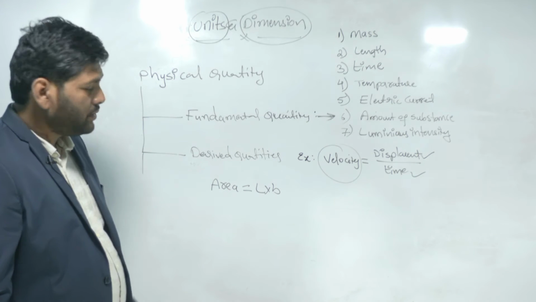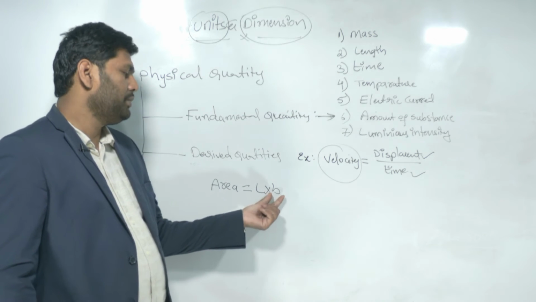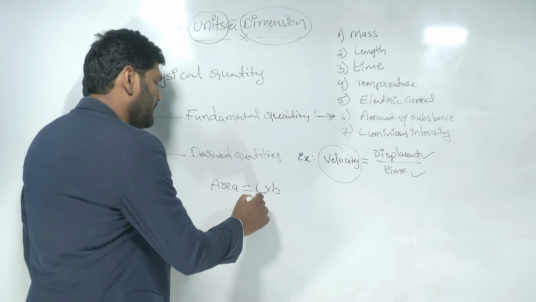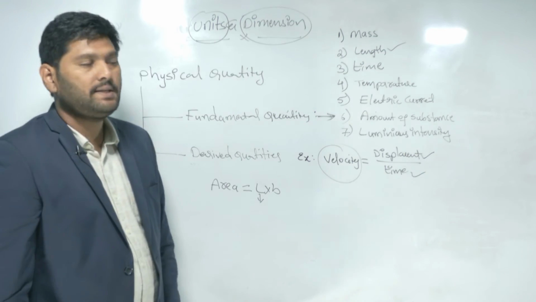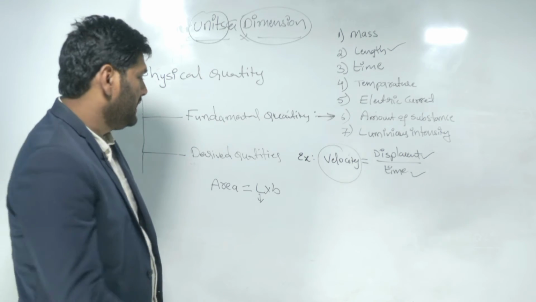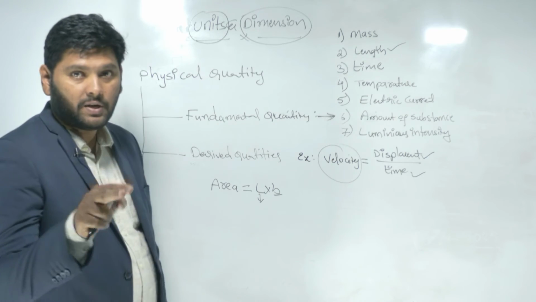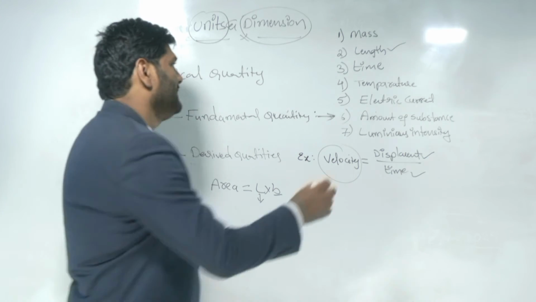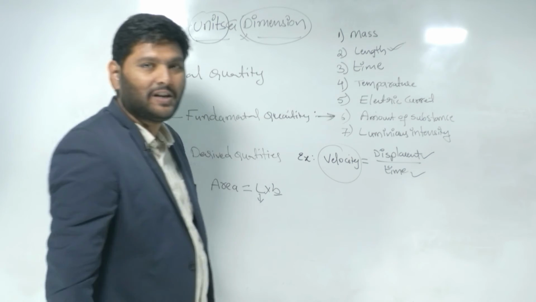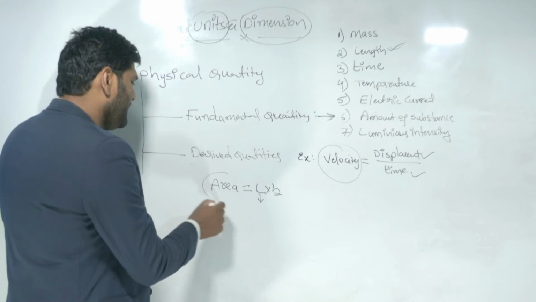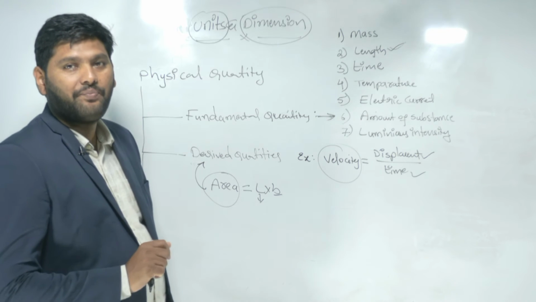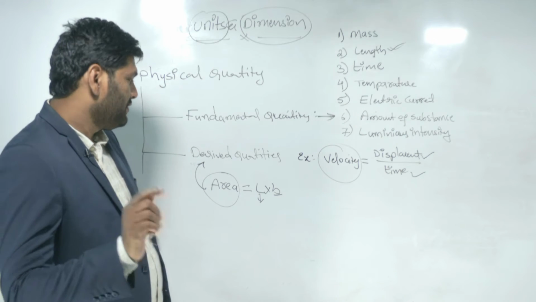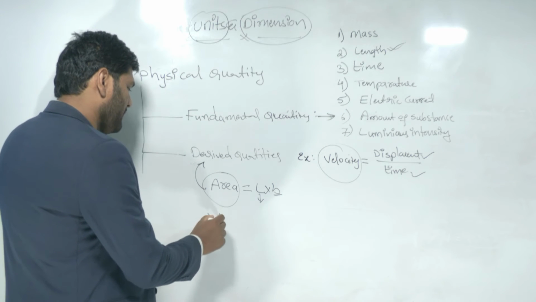Length is what kind of quantity? Yes, it is a fundamental quantity. Even breadth is also length only, so that is also a fundamental quantity. So area is what kind of quantity here? Derived quantity. Understand, children?